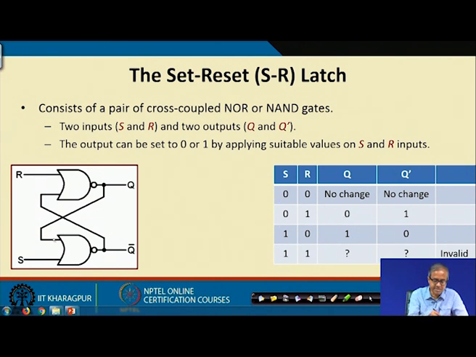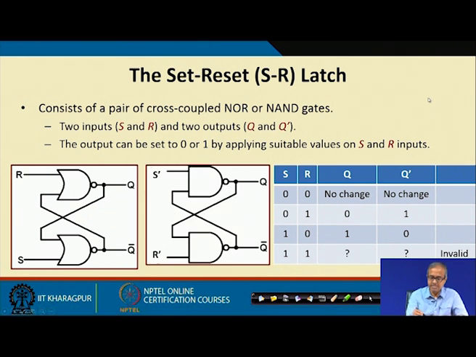Now, this is the circuit diagram using NOR gates. Just using NAND gates also you can design a very similar circuit. One thing I did not mention: for a combinational circuit, when we talked about the input output behavior in the form of a table, we called it a truth table.